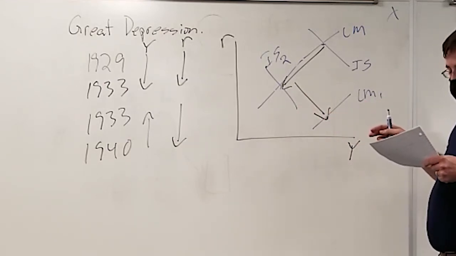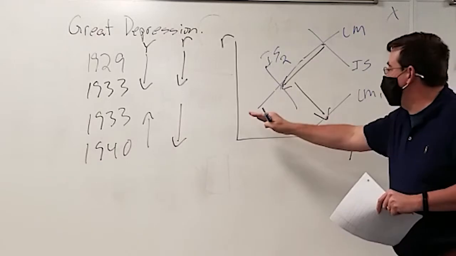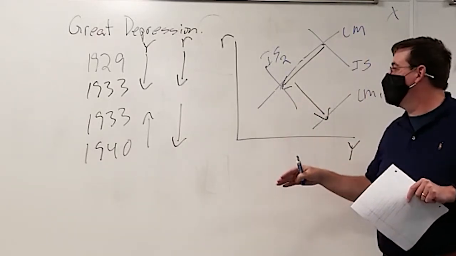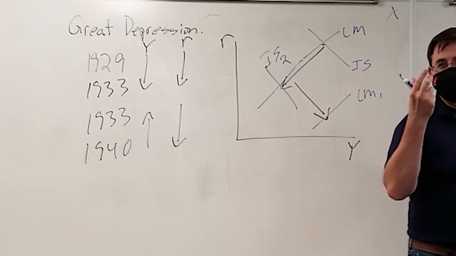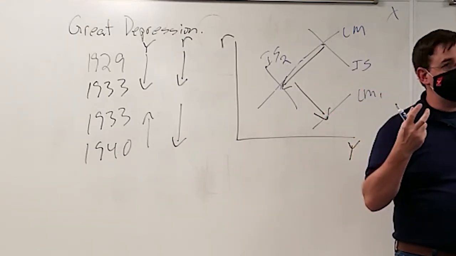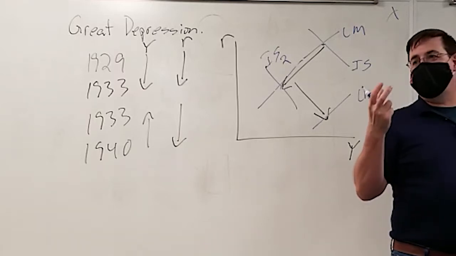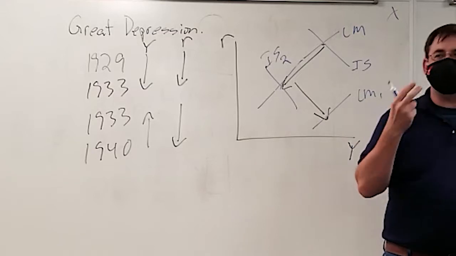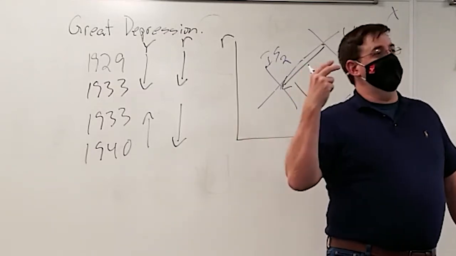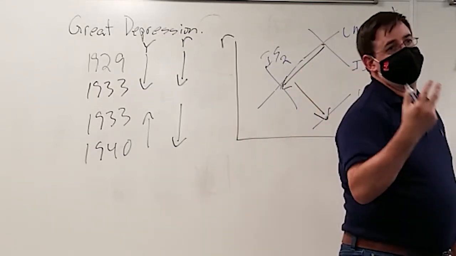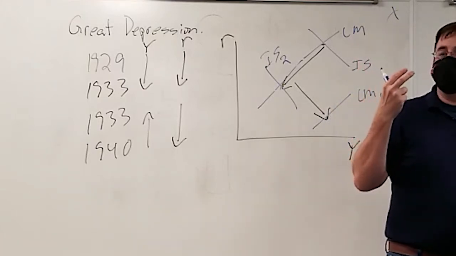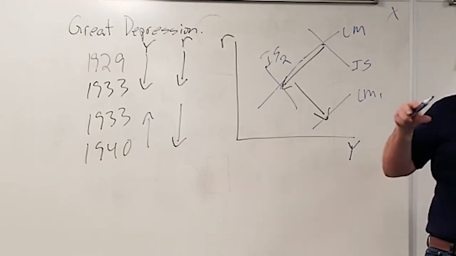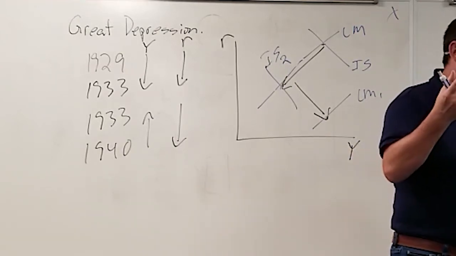What else can happen? Well, we have this collapse in consumption. And at the same time, there are political motivations that are demanding a balanced budget. Keynes argues that the correct response to a recession is to increase fiscal policy, to increase spending and to reduce taxes. But at the time of the Great Depression, those who are in Congress are trying to be very fiscally conservative.